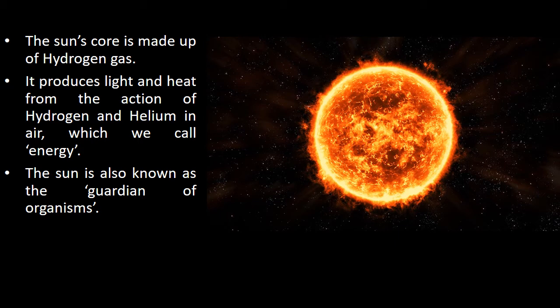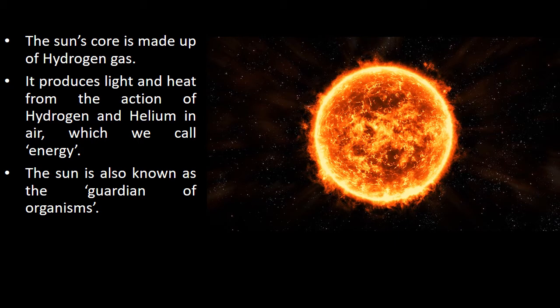The sun's core is made up of hydrogen gas. It produces light and heat from the action of hydrogen and helium, which we call energy. Because of that action between hydrogen and helium, light and heat are produced, which we call energy or solar power.